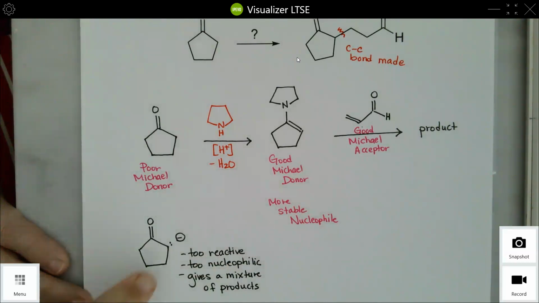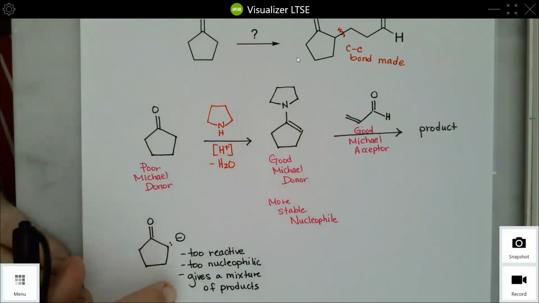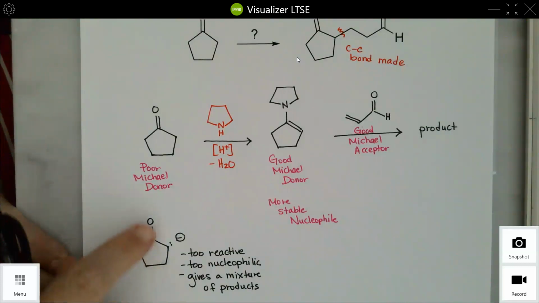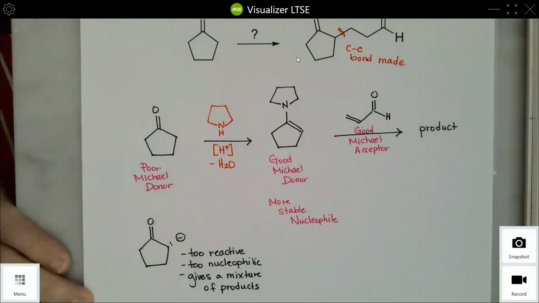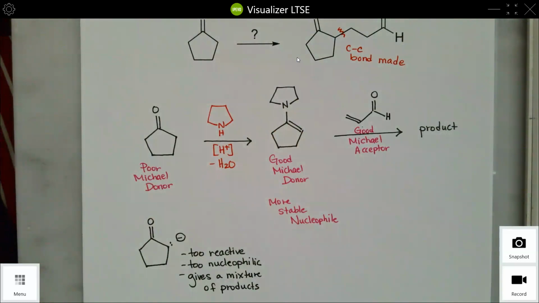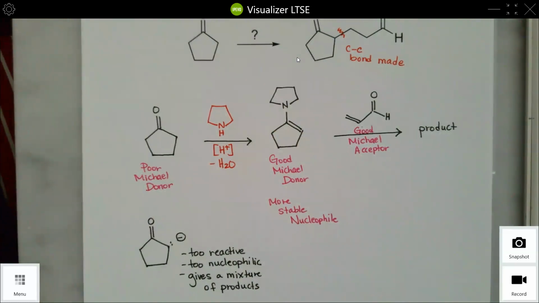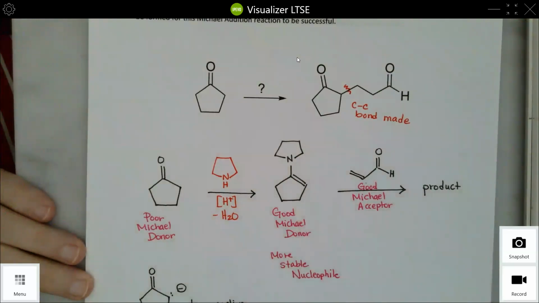So this is not a stable enough nucleophile. If there was a second carbonyl here, it would have been a stable enough nucleophile. But we need an additional electron withdrawing group to help stabilize this, and we don't have it. But this is a much weaker nucleophile, so it's much more stable. So it will do a successful Michael addition.